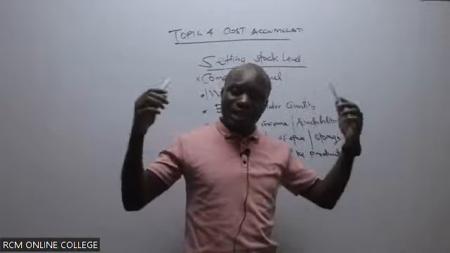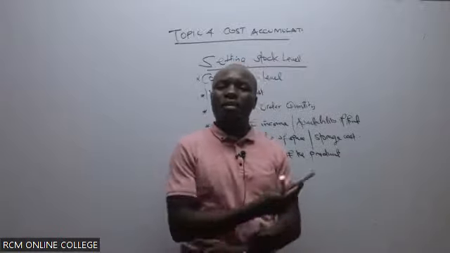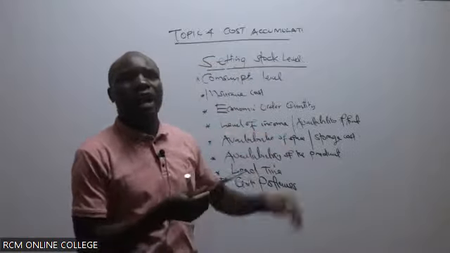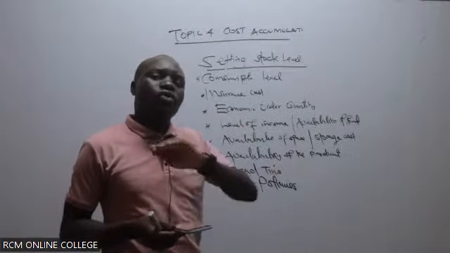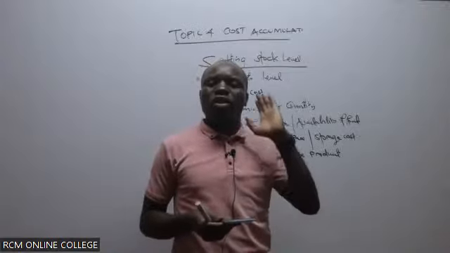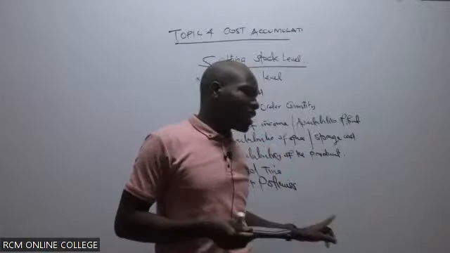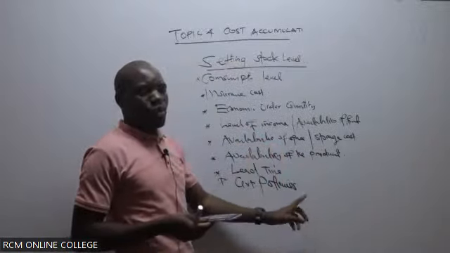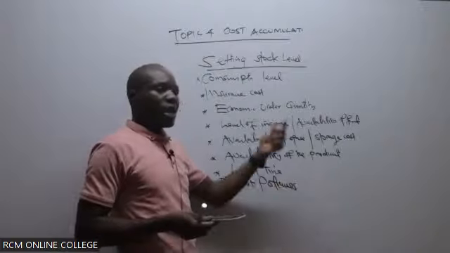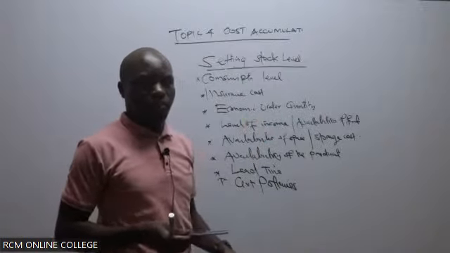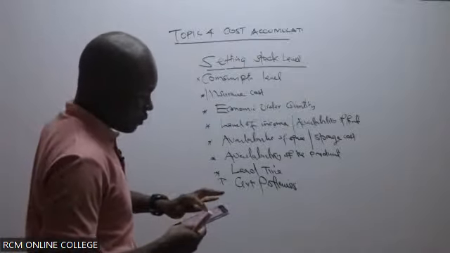So if there are 10 importers, and the first importer has already taken half of the allowed quantity, the remaining importers have to share the balance. You cannot bring in more than what is required. So that cap, that policy, will influence the quantity you are going to order or hold at any given time. So that is under setting of the stock level.